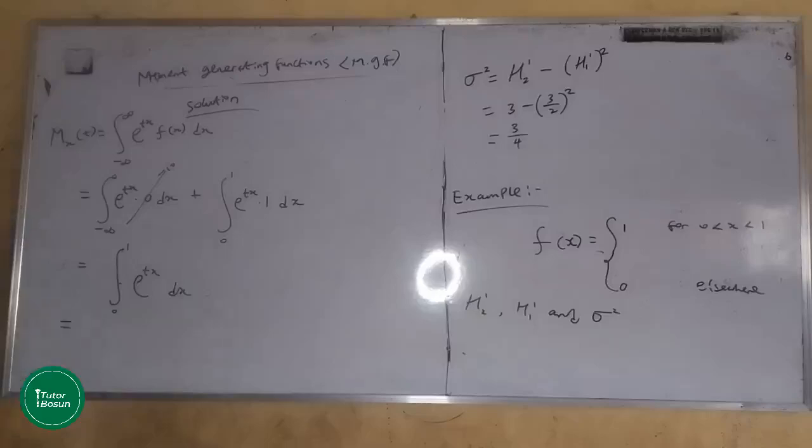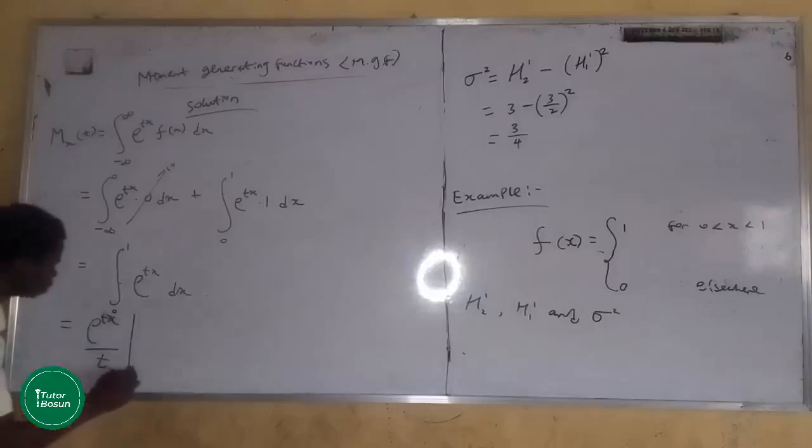So integrating exponential tx, just differentiate the index. If you differentiate the index, you have t, and you divide the solution by that. You have exponential tx over t from 0 to 1.